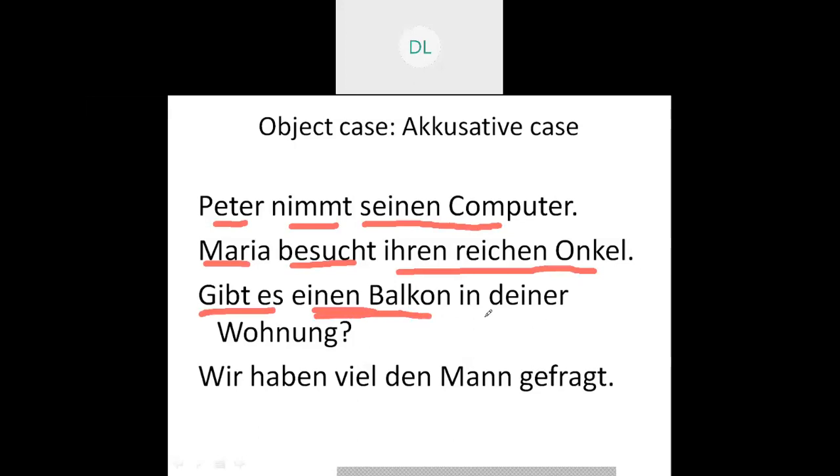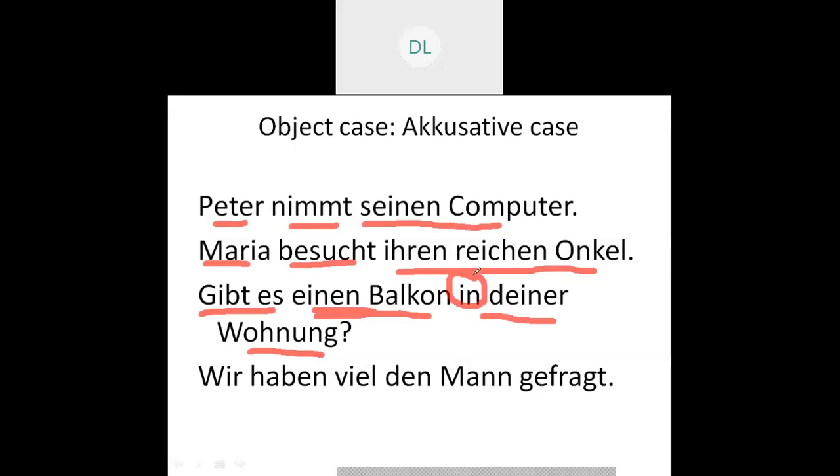And the last part, in deiner Wohnung, what is that? Is that the subject? Is that the object? But very important, we discussed at the start, before deiner Wohnung, what has come? There is a preposition.